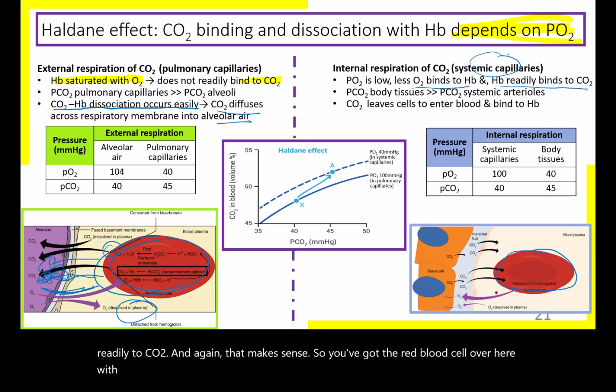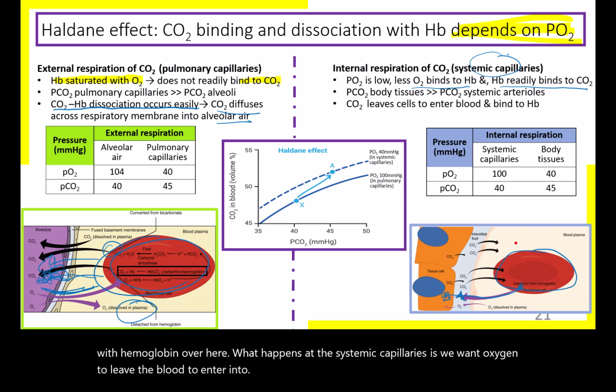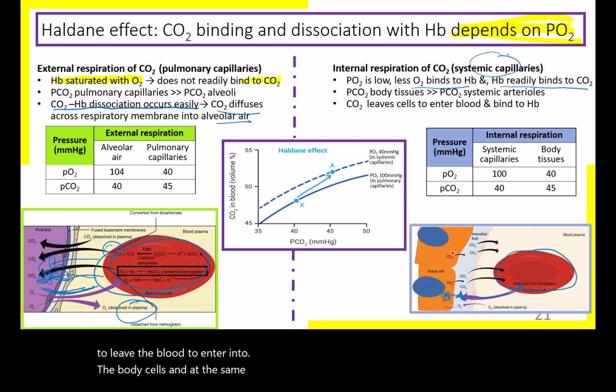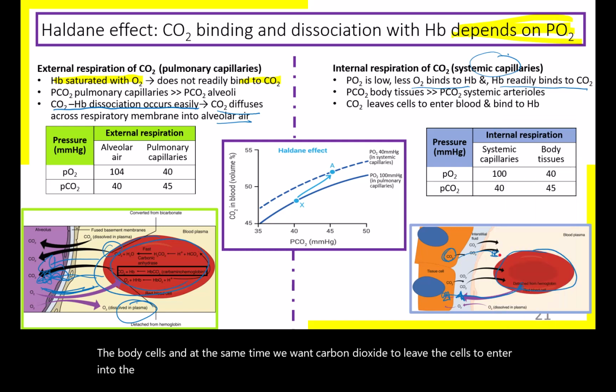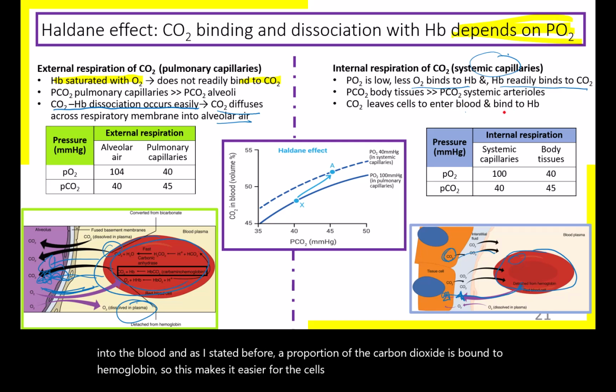What happens at the systemic capillaries is we want oxygen to leave the blood to enter the body cells. At the same time, we want carbon dioxide to leave the cells to enter the blood. And as I stated before, a proportion of the carbon dioxide is bound to hemoglobin. So this makes it easier for the CO2 to enter the blood and bind to hemoglobin.